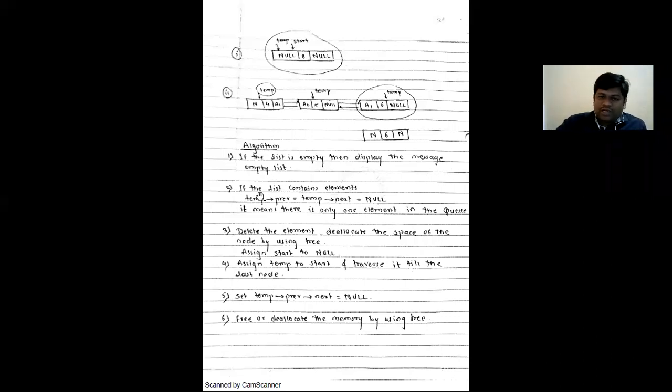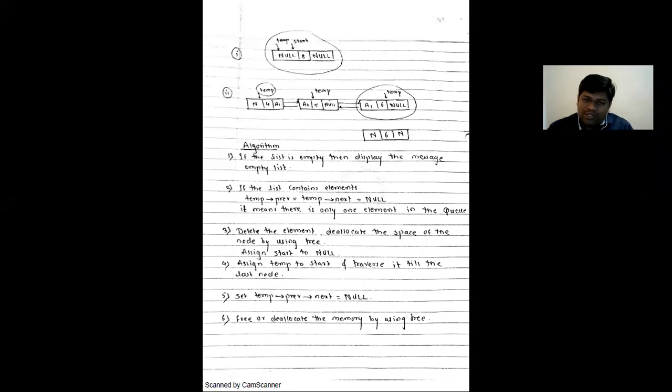Now, second, if the list contains element, so what you are doing? So temp of previous is equal to temp of next is equal to null. It means there is only one element. Now, if only one element is present, then what you will get?